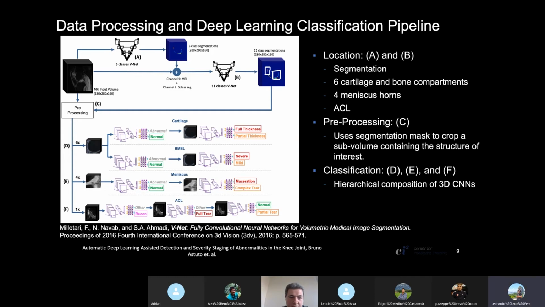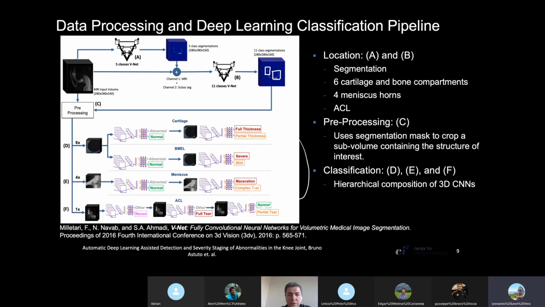You are using the segmentation to classify which region of interest it is. For example, the segmentation tells you that part is cartilage, so you go to the cartilage neural network, right? It's like a kind of if-else.